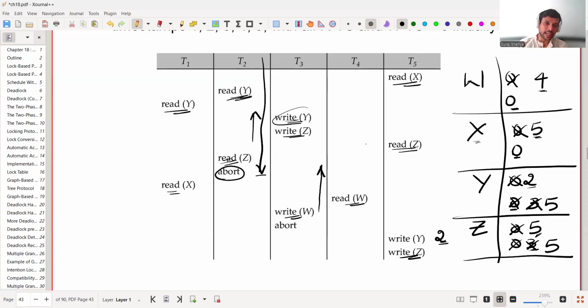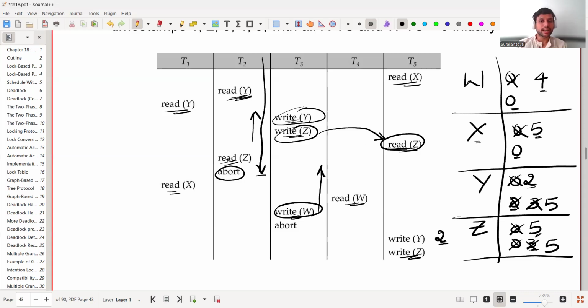T3 has done a write of Y, a write of Z, and a write of W. Let's look at whether any other transaction has read from T3. Let's carefully look at this read C. I want you guys to take a careful look at read C, because what you will realize is that whatever T3 wrote, T5 has read from that.